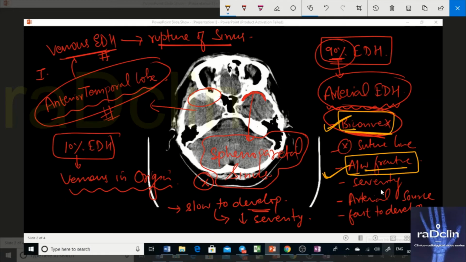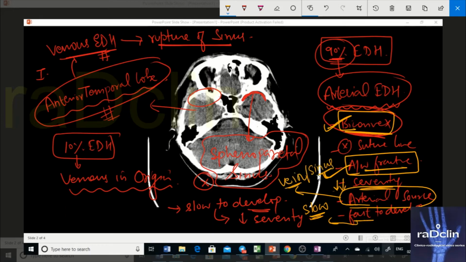If you ask me the severity, it is low in venous EDH, and they are slow to develop because of low venous pressure. The source is a vein or dural venous sinus. The question is showing an anterior temporal venous EDH, and the sinus involved is the sphenoparietal sinus that I just wrote.